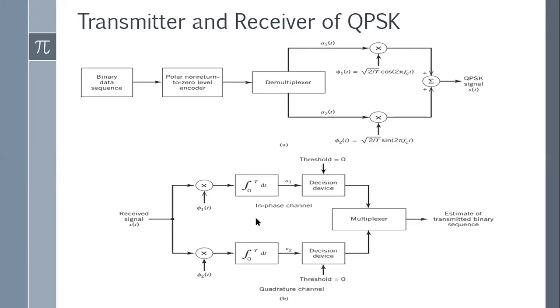Why? Because the coefficient s_i1 was multiplied with basis function phi 1, so only basis function phi 1 can recover the signal s_i1. Similarly, since s_i2 was multiplied with basis function phi 2, only phi 2 can recover the coefficient s_i2. For this we can refer to analog communication.